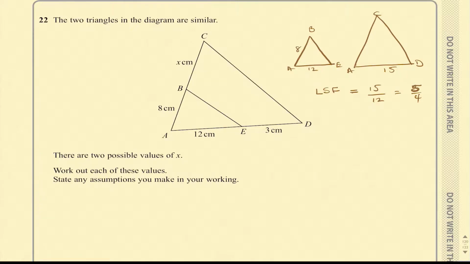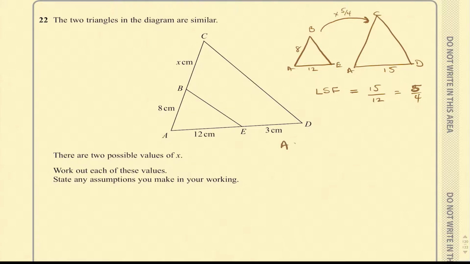So I was told to find two possible values of x. The first value of x is found by transforming AB and AC with a scale factor of 5/4. So here I need to multiply by 5/4 to get AC, and AC is x plus 8.